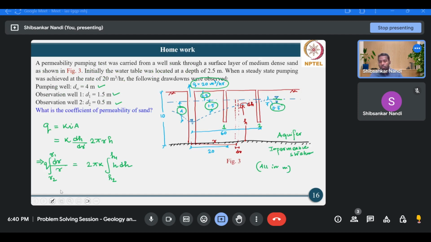So this is the test well, and these two are the observation wells.